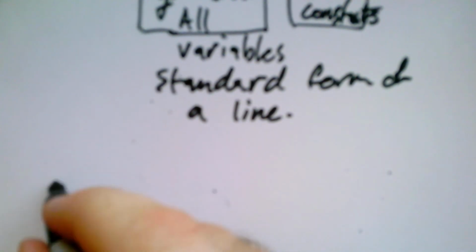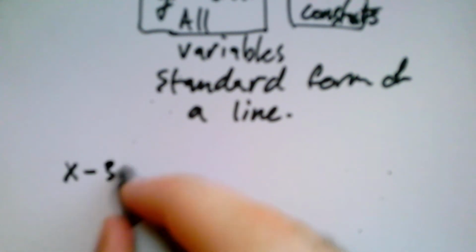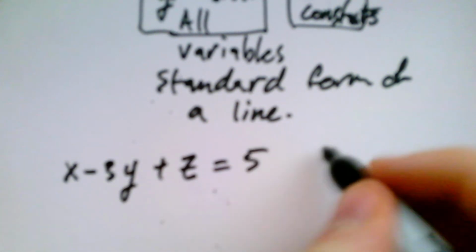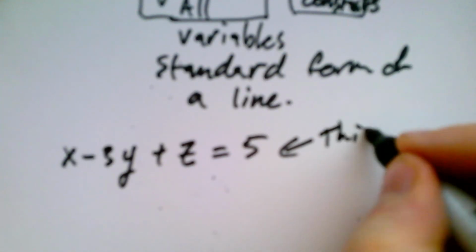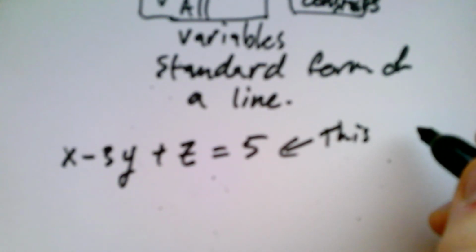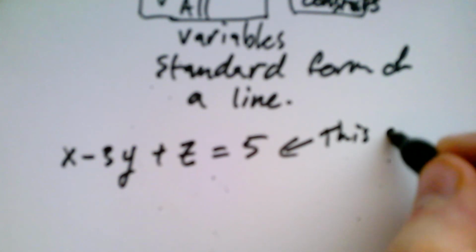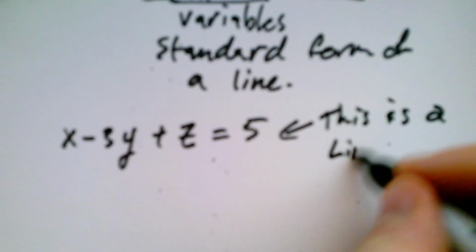So, for example, x minus 3y plus z equals 5 is a linear function. It's a multidimensional linear function, and by that I mean that there are more than two dimensions. But it is a linear function.